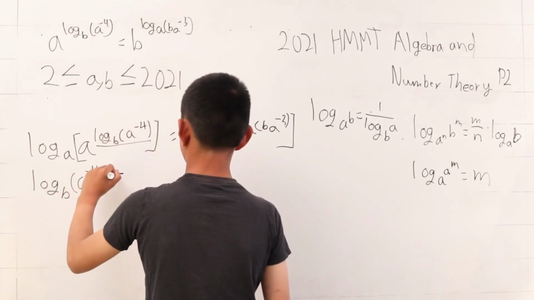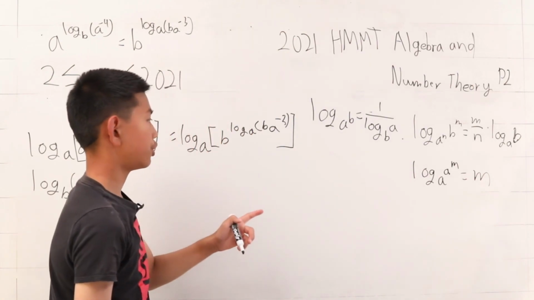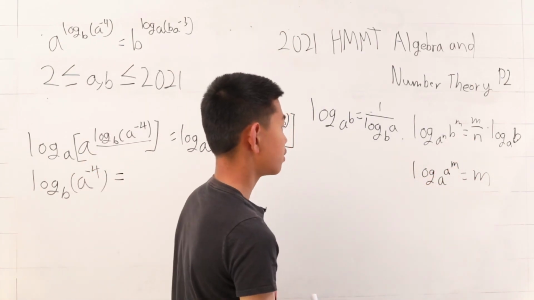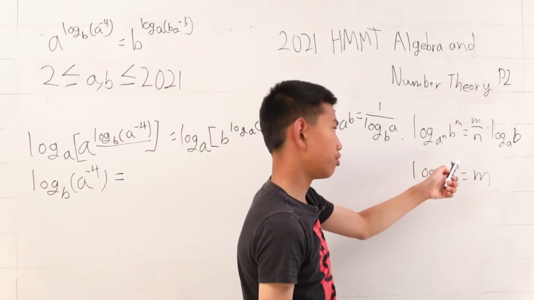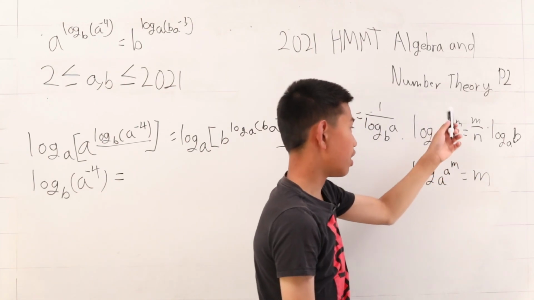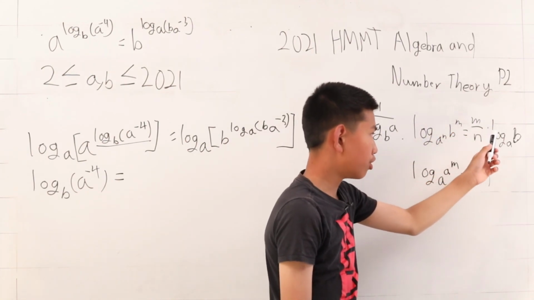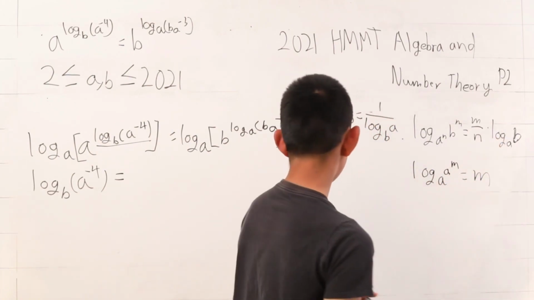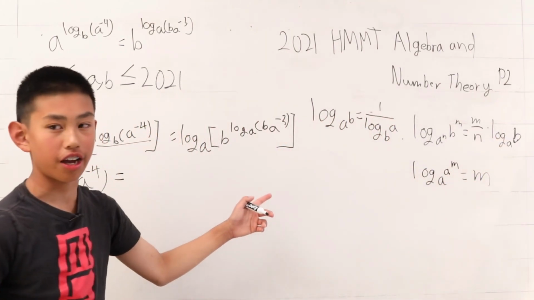We can further water down the right-hand side by using this equation. It states that log base a to the power of n of b to the power of m is equal to m over n times log base a of b. And we must apply it to this side.